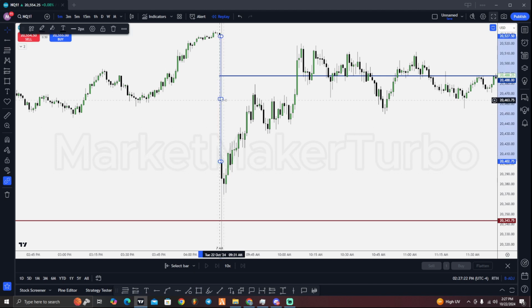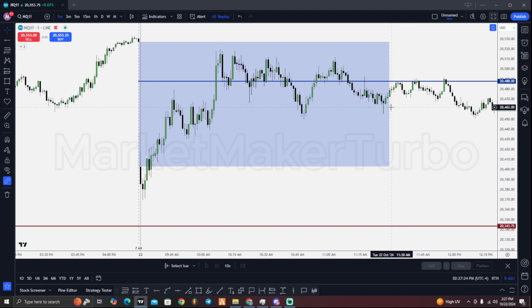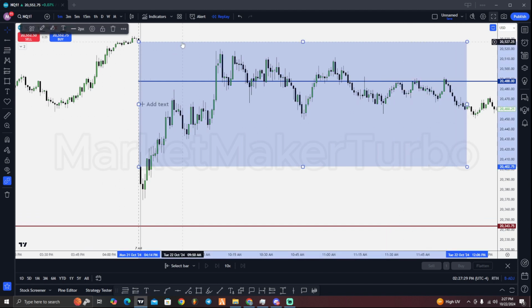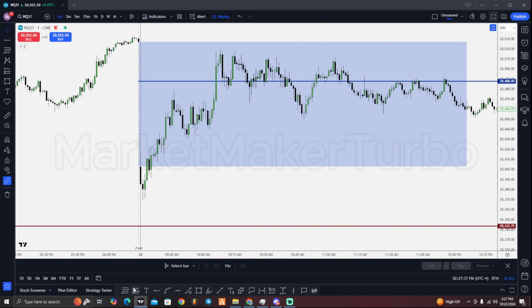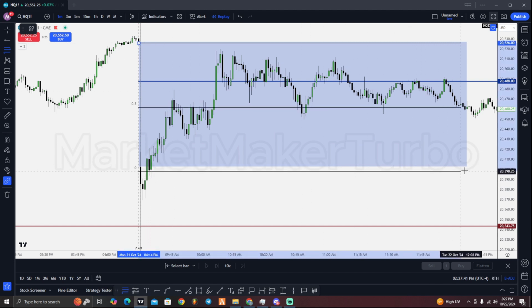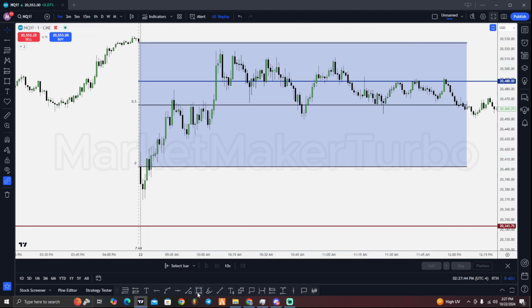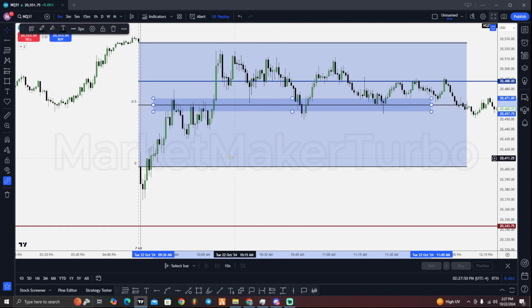Box out the gap at 9:30 open. I'm going to make mine blue. Find 50% of that if you have a gap. And what I did was I blended the gap with my true direction that I was looking for.